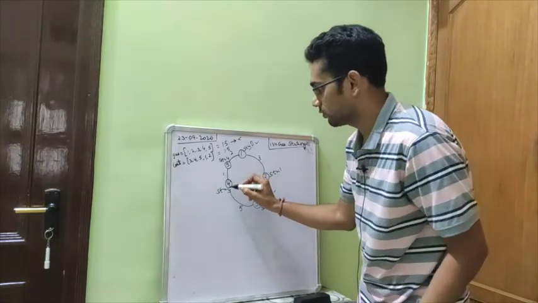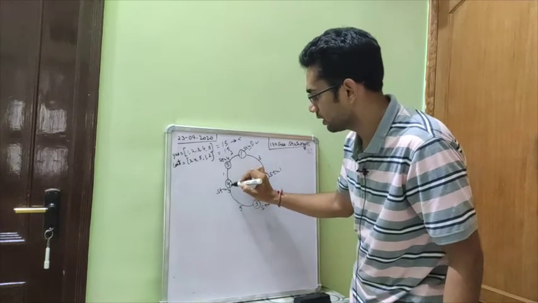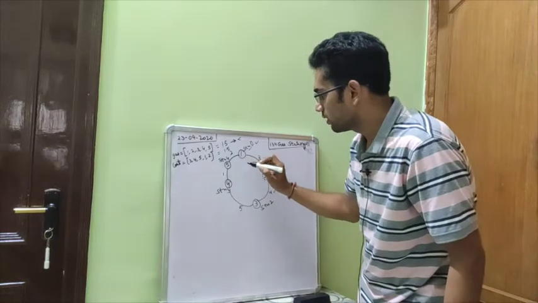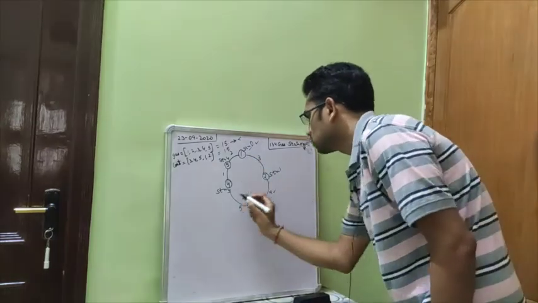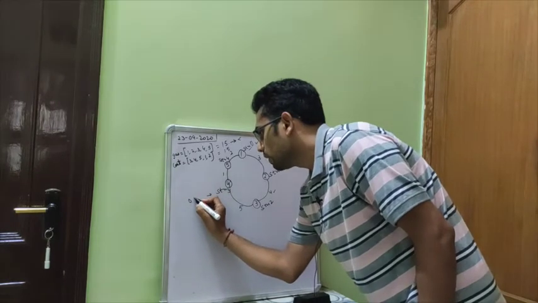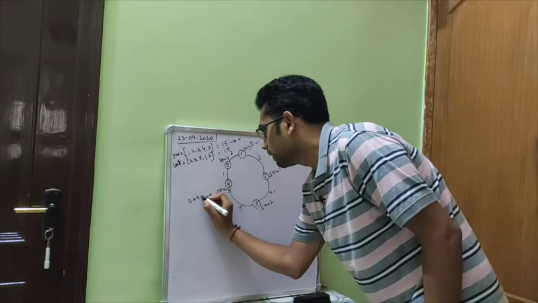Let us try to start from station 3. If we start from station 3, we can fill 4 liters of petrol, and to go to the next one we need 1. So initially we have 0 liters of petrol. We can fill 4 liters of petrol from here, and 1 liter will be consumed.